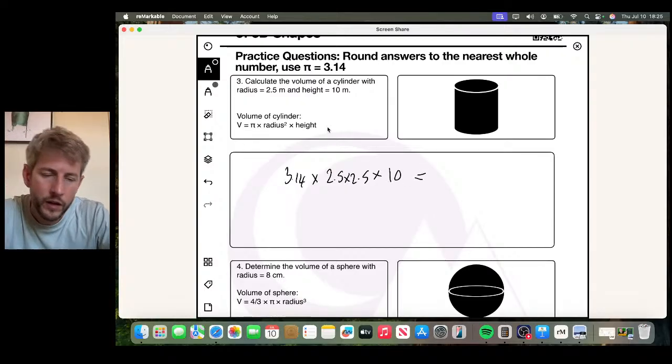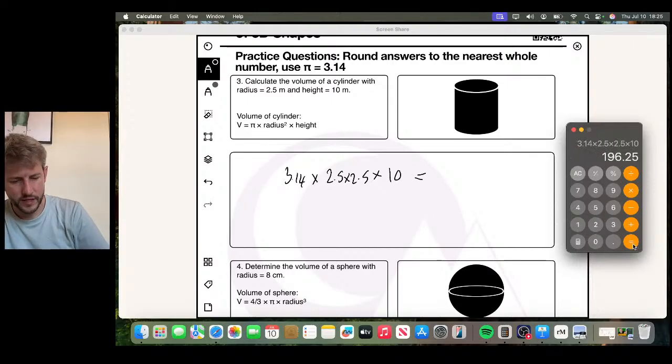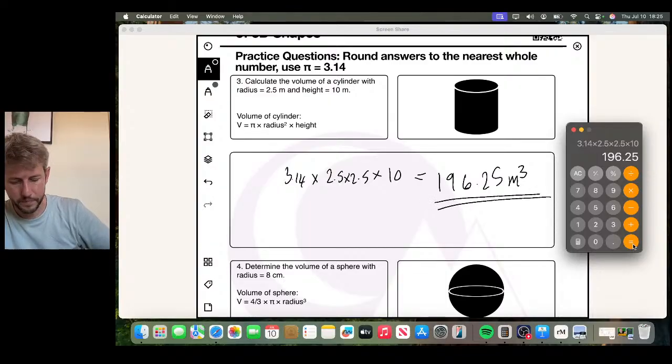Again, I can just put all of this into the calculator: 3.14 times 2.5 times 2.5 times 10. Okay, so that's going to be 196.25, and that's going to be meters cubed this time because the units were meters.